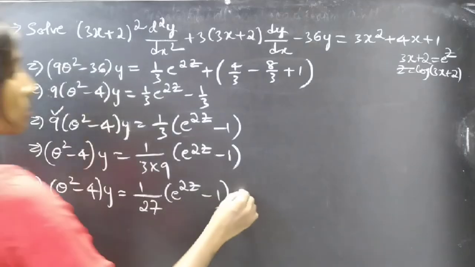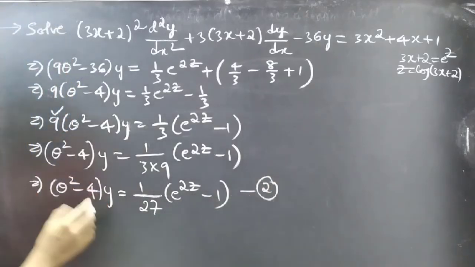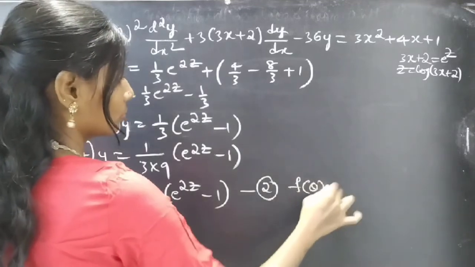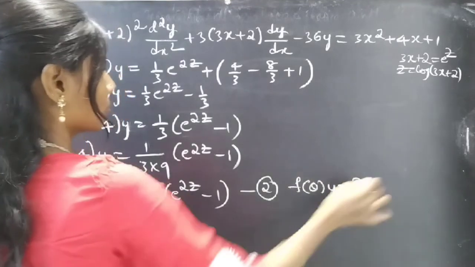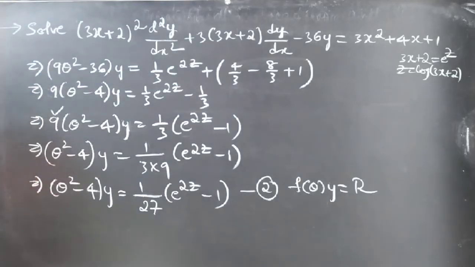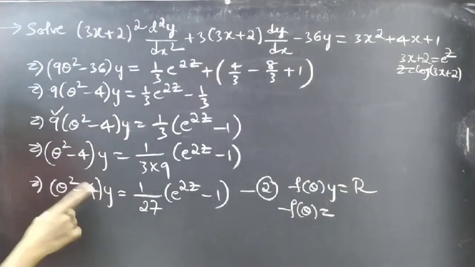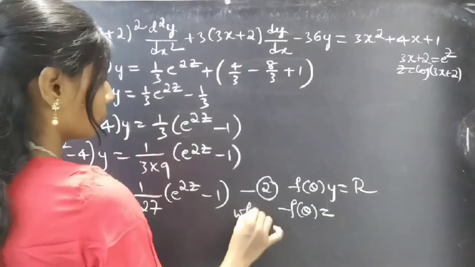Now consider this as equation 3, which is an operator form, say f of theta into y equal to some function of z. I'll consider the RHS part as r, which is a function of z, where f of theta is theta square minus 4.